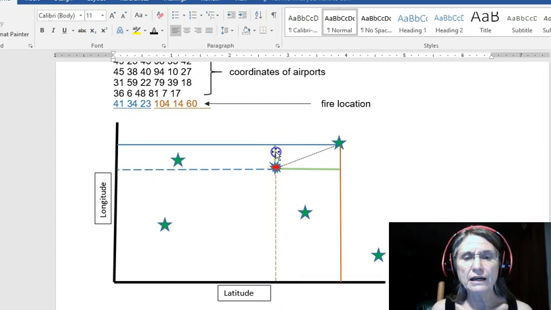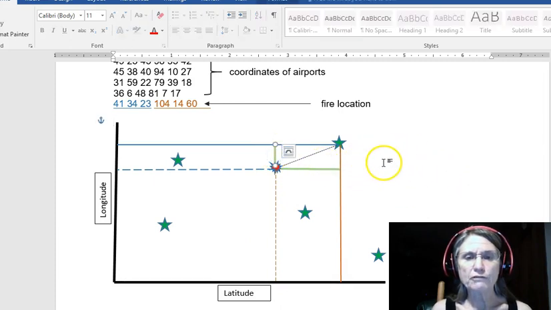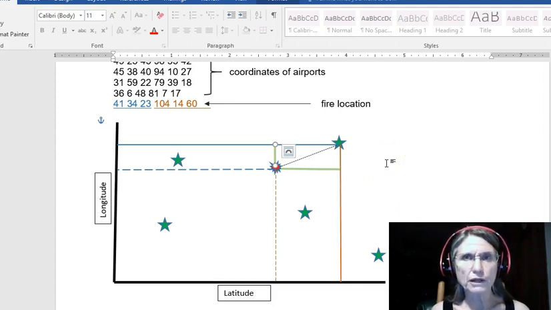And then we want to subtract one from the other. It really doesn't matter which direction you go in, because as you're going to find out, or you already know, in the distance formula, it's the square root of a squared plus b squared to get the distance, the hypotenuse, right?